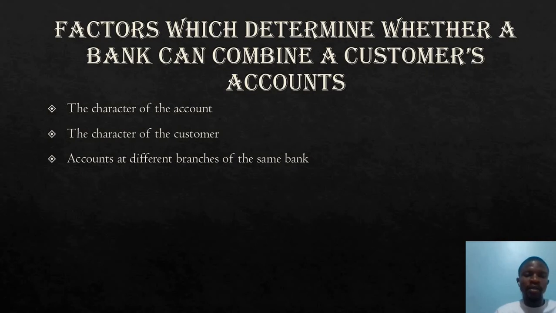But today, using BVN and every other thing, bank accounts have actually been settled across board. What does this mean? This means that today, opening your account in a branch in, let's say, Kafanchan, does not mean that the bank does not know that you are still the same person who has these two accounts with them, right? So this is a moot point as far as modern life goes.